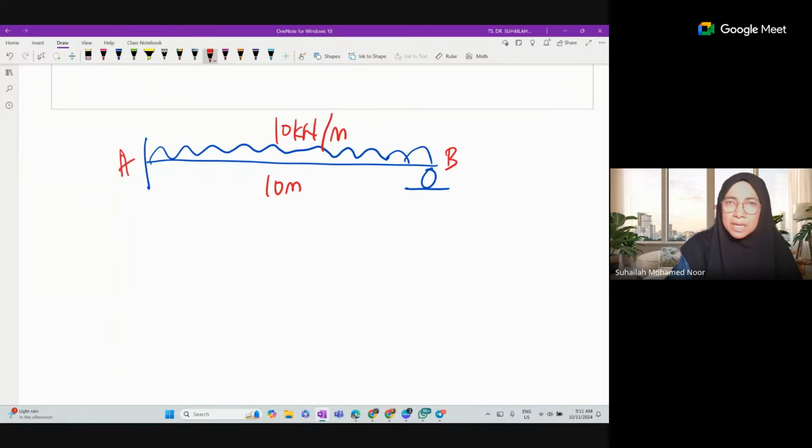This is an indeterminate structure, because when we check the DOI, it is 4 minus 3, which is equivalent to 1. There is one redundant.